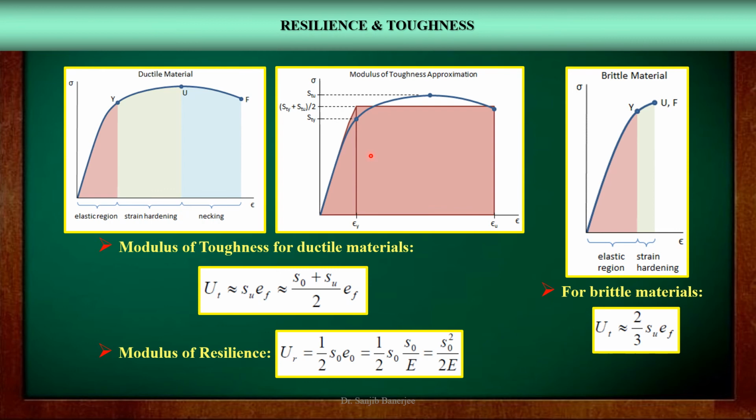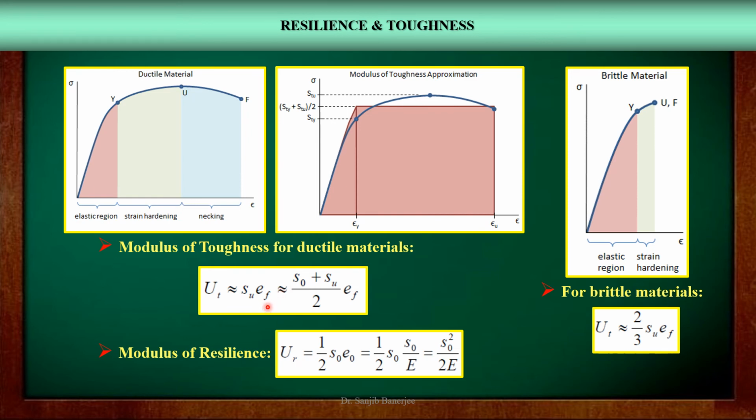In this figure, we can see that this area under the stress-strain curve is approximated to a rectangle, where one side of the rectangle is approximated to the value of the tensile strength denoted by SU, and the other side of the rectangle is considered to be the fracture strain, which is denoted by EF.